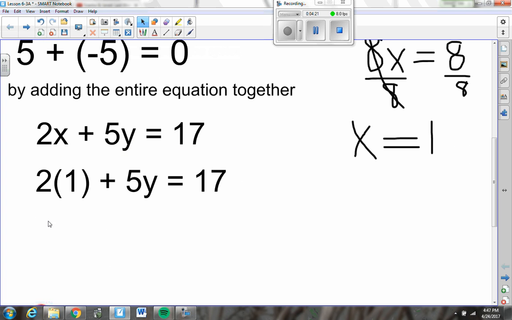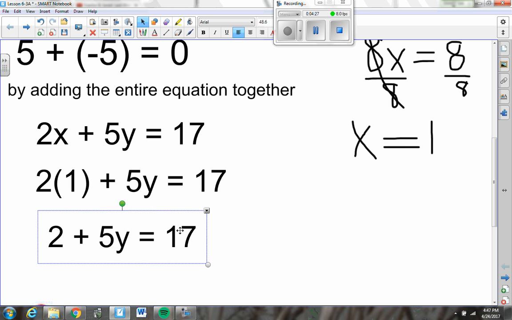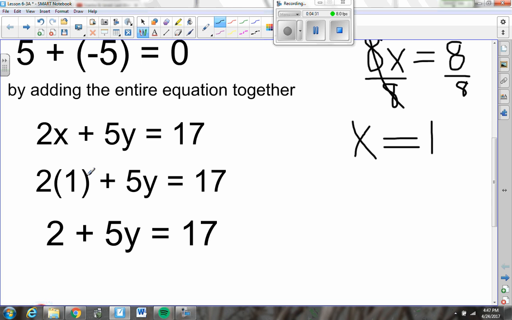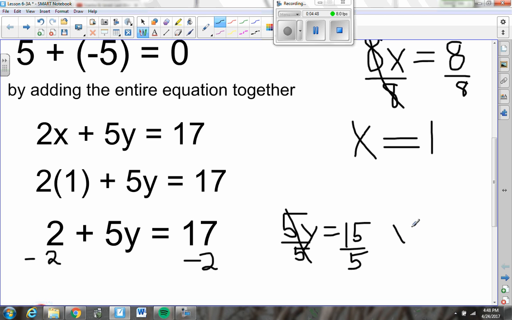Well, 2 times 1 is 2. This is an equation that I think we can all solve by subtracting 2 on both sides. And we get 5y equals 15. And we simply divide by 5, and we get that y is equal to 3.